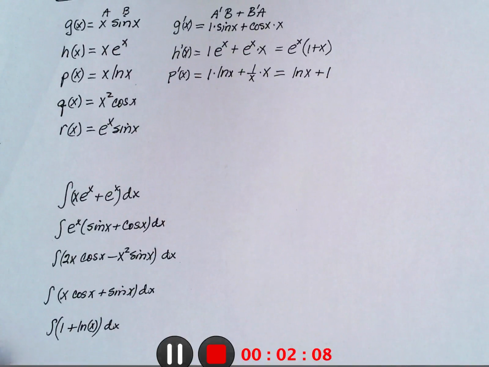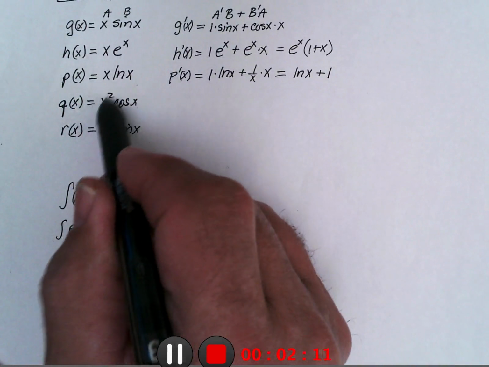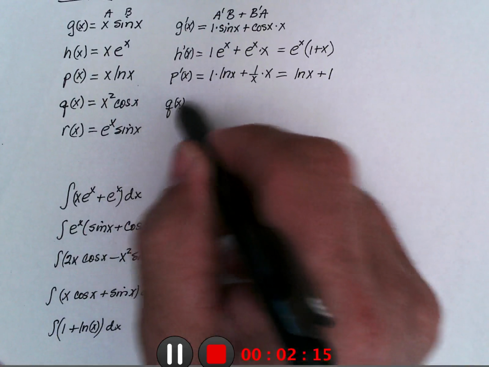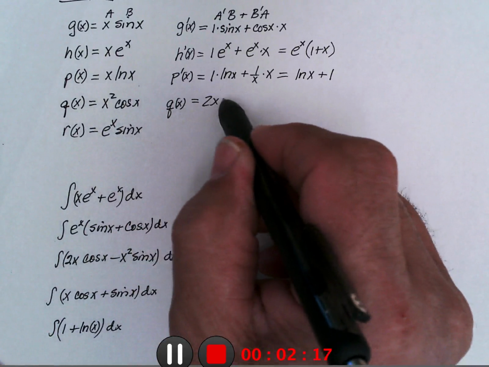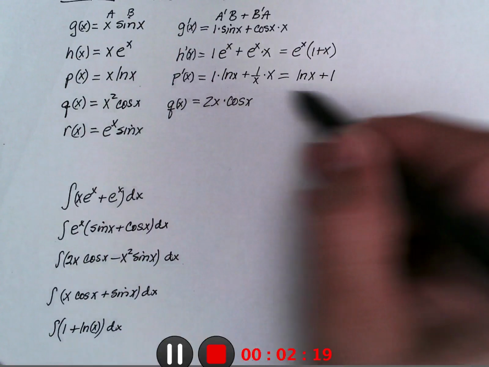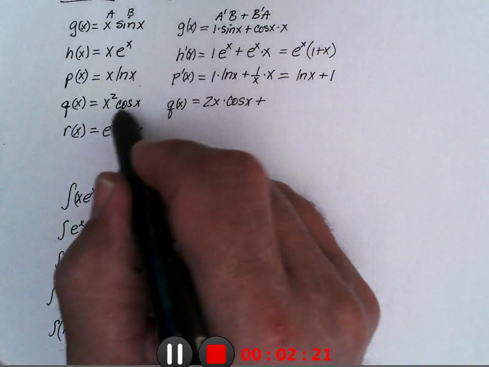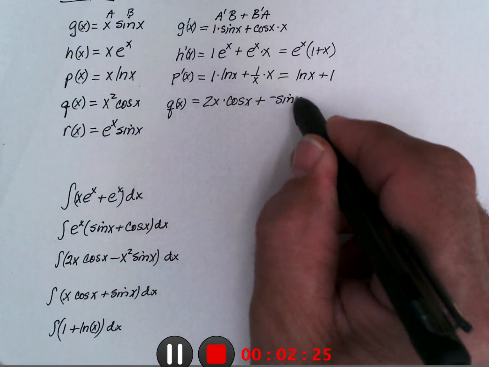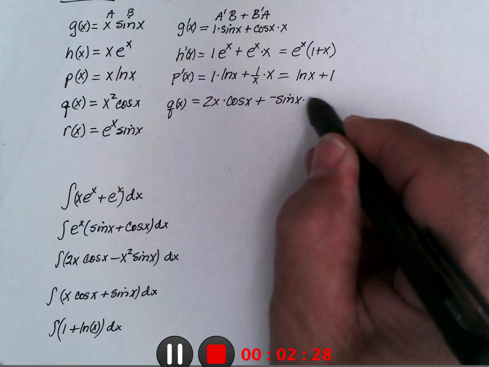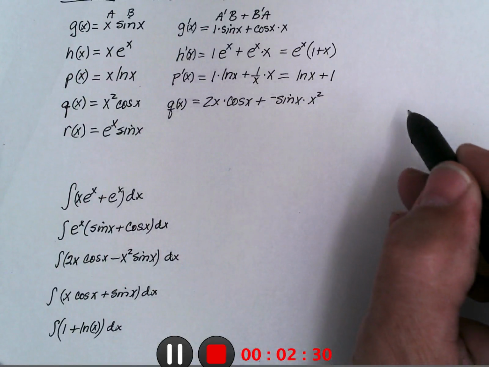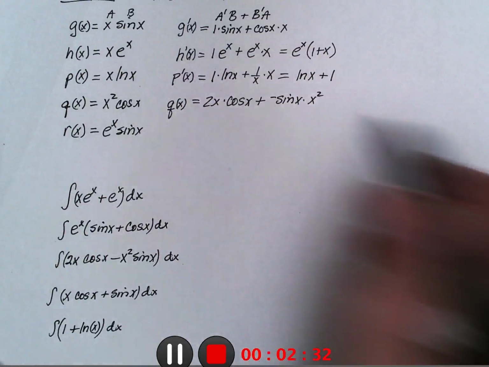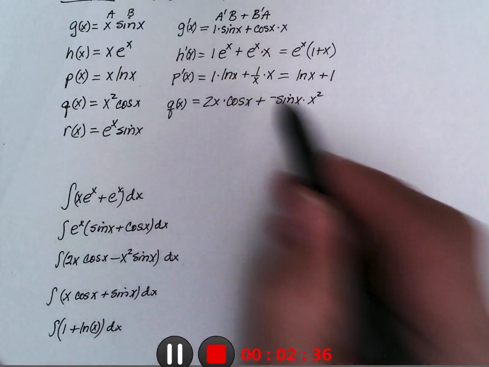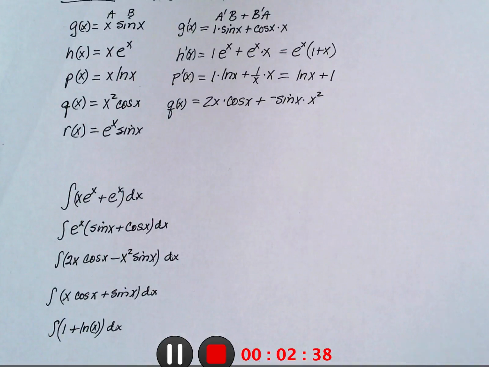This one, the derivative of x squared is 2x times cosine x plus the derivative of cosine x is negative sine x times x squared. I could factor out an x, but it's not going to look a whole lot simpler. I could make this just subtracts instead of plus and negative. But yeah. And then r prime of x. Oh, that was q prime.